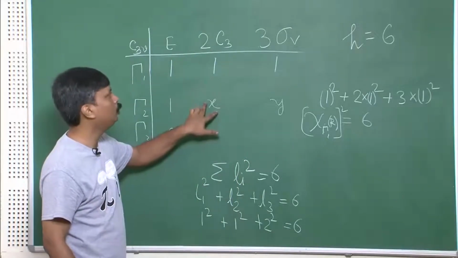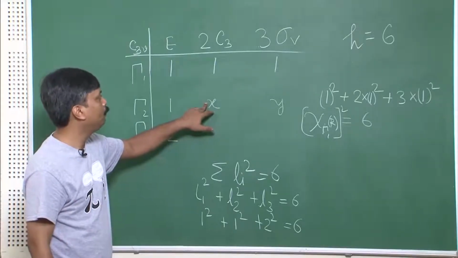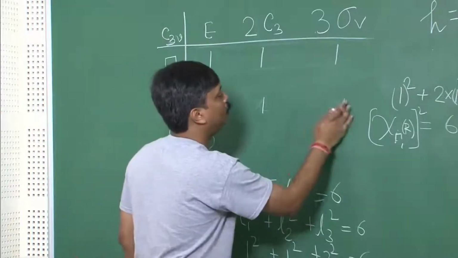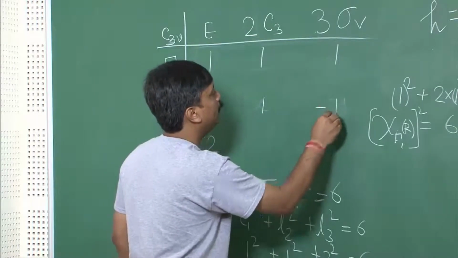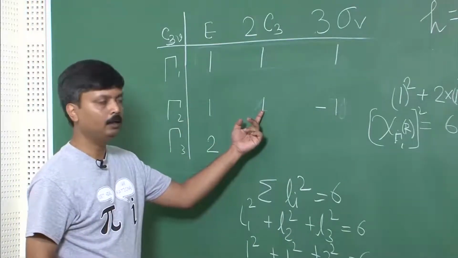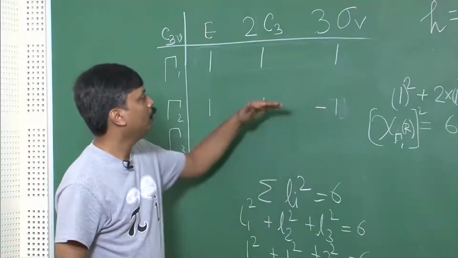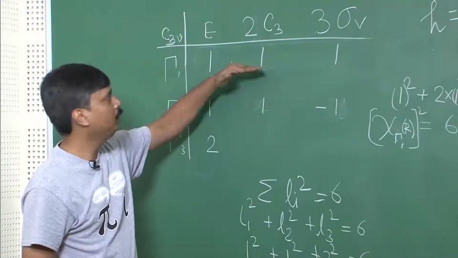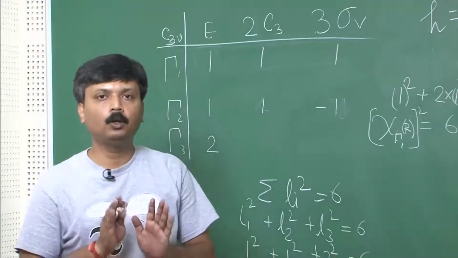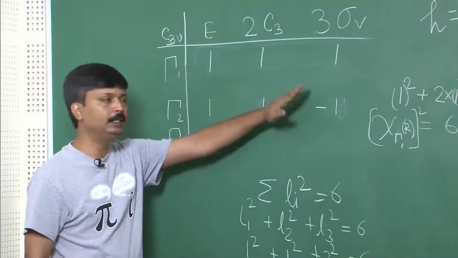Because here I have 2 characters, so I can put this one as plus 1 and y to be minus 1. Then what I have is 1 plus 1 plus 1 here, then here 3 minus 1s. So if I multiply gamma 1 and gamma 2, I am getting 0. So the condition of orthogonality of two irreducible representations is satisfied in this case.